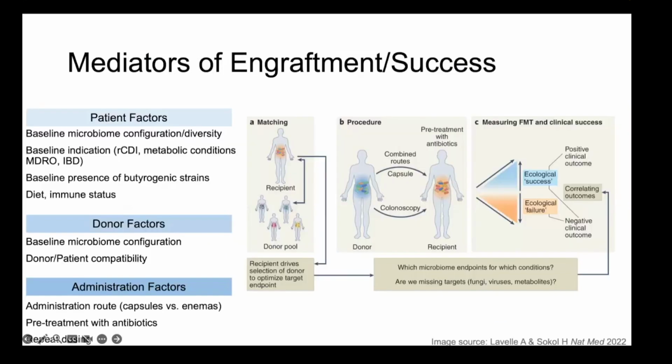And so what are some hypothesized mediators of engraftment, or hypothesized mediators of FMT success? They span three big categories. One is patient factors. Different patients being explored for FMT may have different disease states, and those baseline microbiome configurations are different.